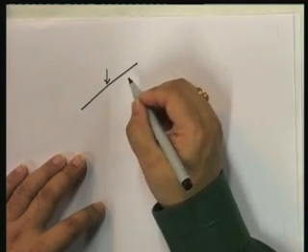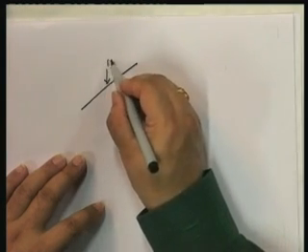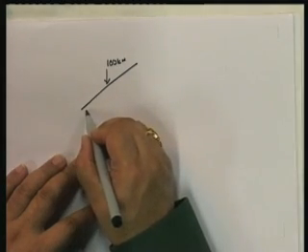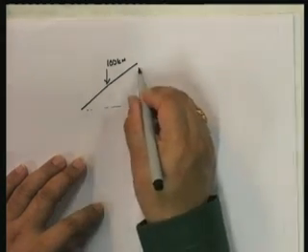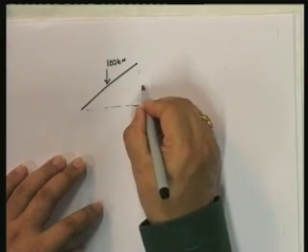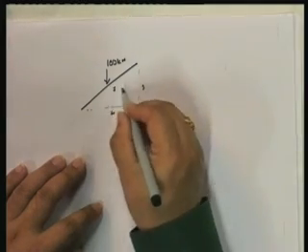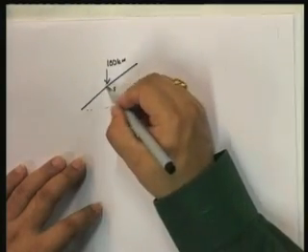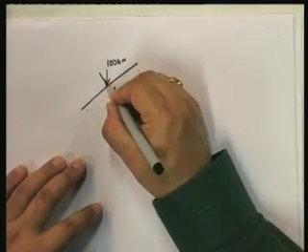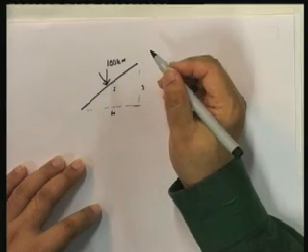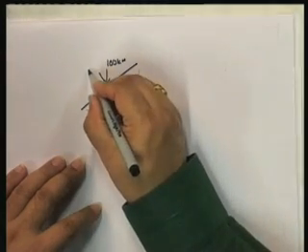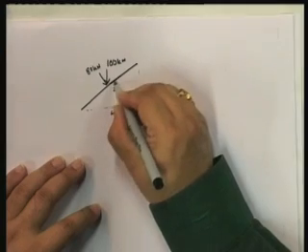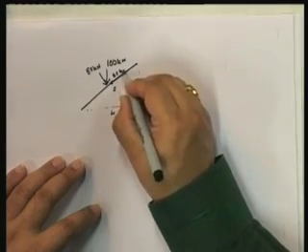So I can actually resolve this load of 100. See, this is a 3, 4, 5 triangle, and therefore if I write down the vertical component and the horizontal component, the vertical component of this is going to be 80 and the horizontal component is going to be 60.